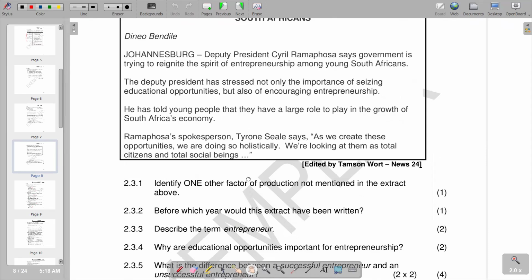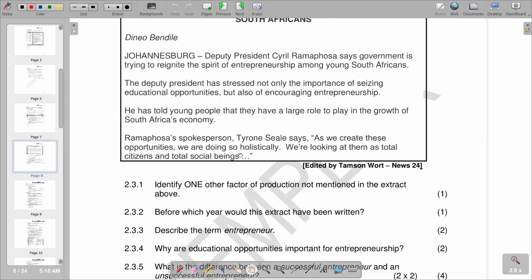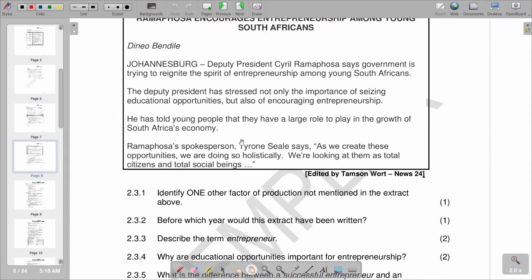Then the first part of our question is, state one other factor of production not mentioned in the extract above. So we try to see what is the factor that has been mentioned in the extract above. If you look here, you'll see that we have the issue of entrepreneurship. Entrepreneurship, we know, is one of the factors of production. But we have other factors.